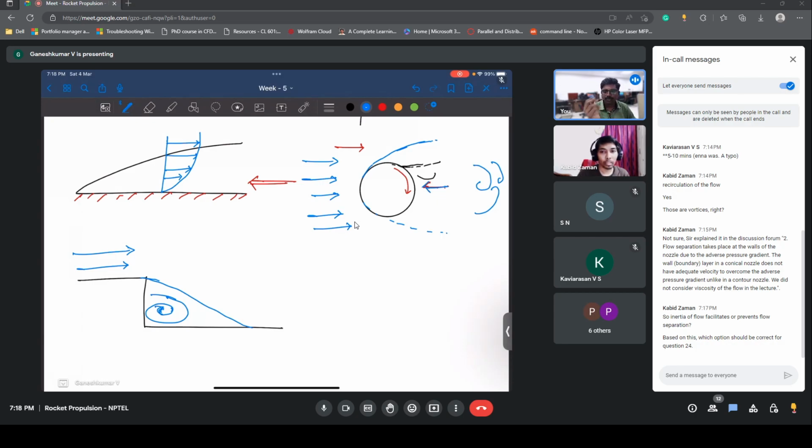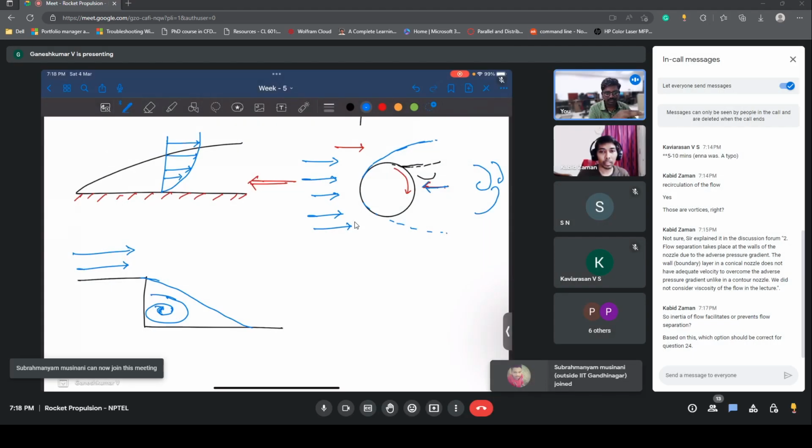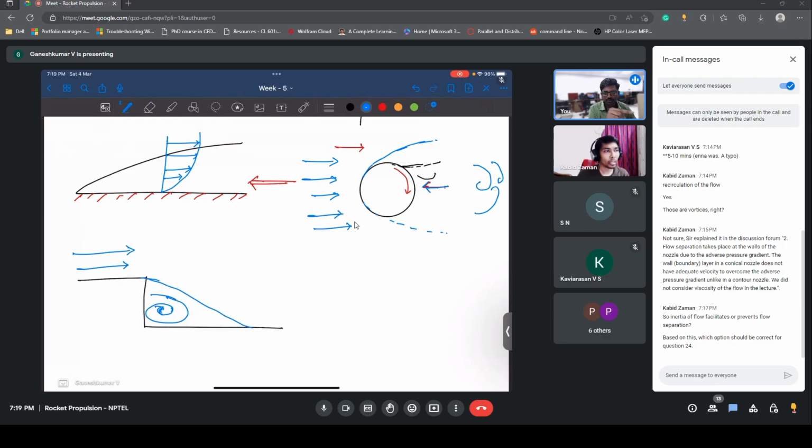What it says is flow acceleration in a conical convergent divergent nozzle takes place for nozzle exit pressure much lower than the ambient pressure, due to the boundary layer on the nozzle divergent being at lower velocities.